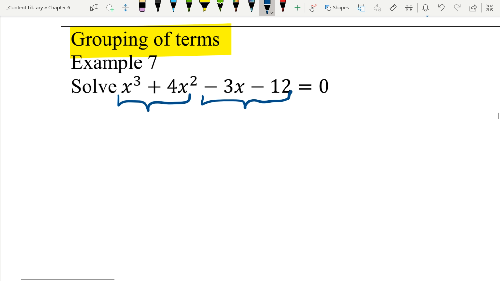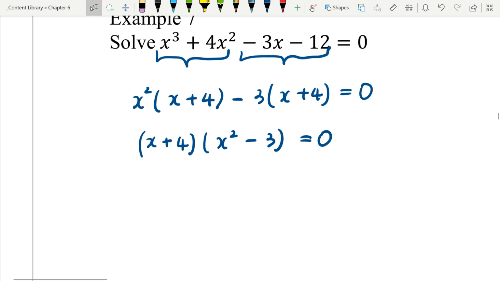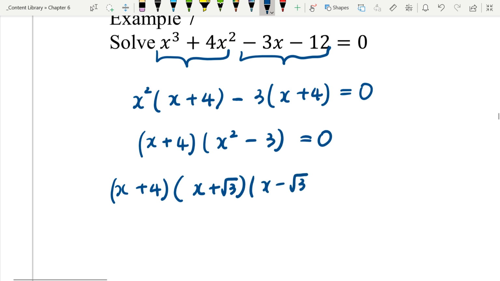So what's the common factor for the first two? x squared. So we have x plus 4. What do we have in these two? -3, so it's x plus 4 again. So x plus 4 is the common factor. What we have is x squared minus 3 equals 0. So x plus 4, and x squared minus 3 is x plus root 3 and x minus root 3.